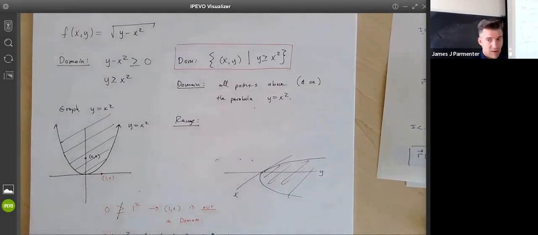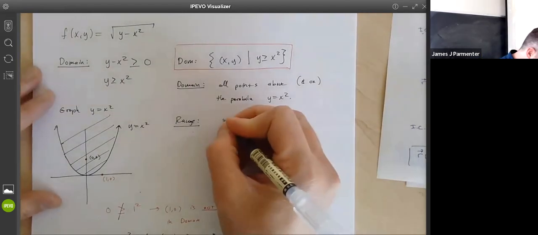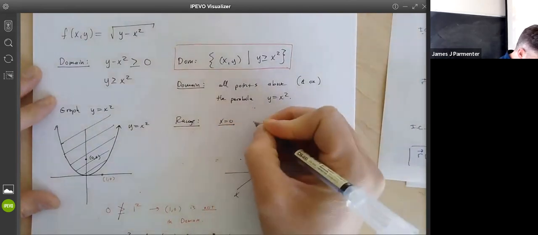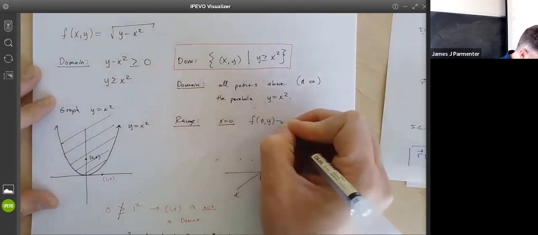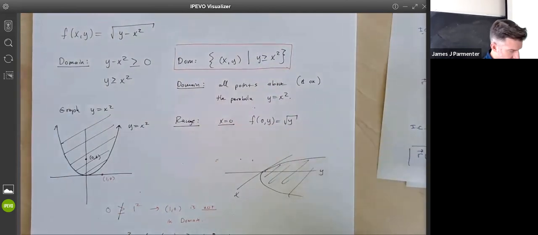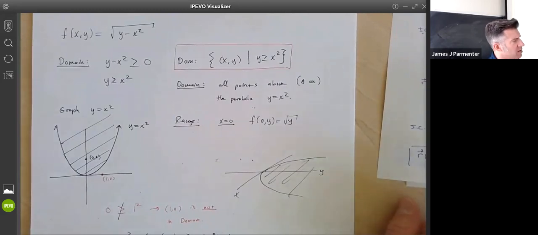But if I let x be 0, then I have f of 0 comma y equal to the square root of y. How big can the square root of y be? Big as you want, infinite. How small can that be? What's the smallest number you get out of a square root?